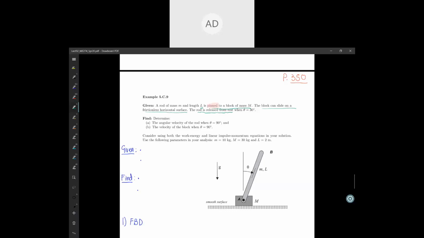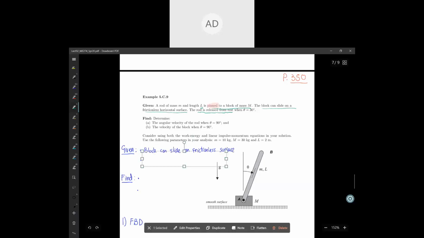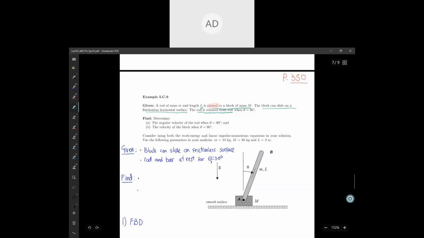All right? So we have the block can slide on a frictionless surface, and the rod and the block are released from rest. And we're asked to find the angular velocity when we reach 90 degrees as measured from here.